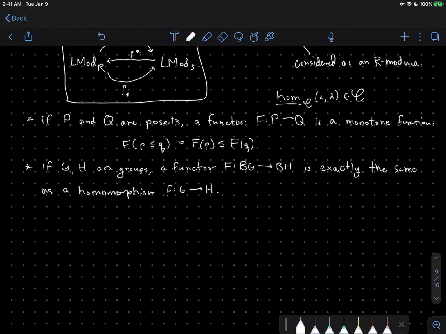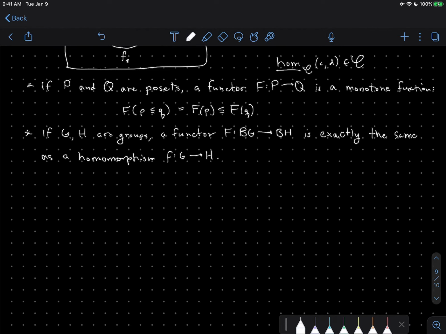There are plenty more examples that show up all over the place. But for now, let's go up the ladder of morphisms even further, and we can talk about morphisms between functors.